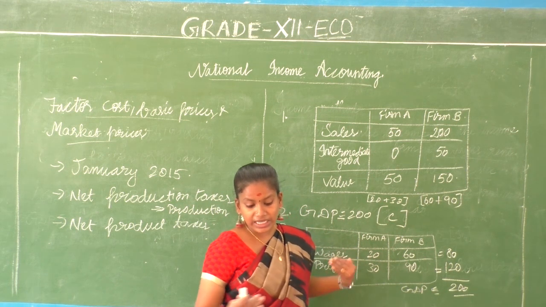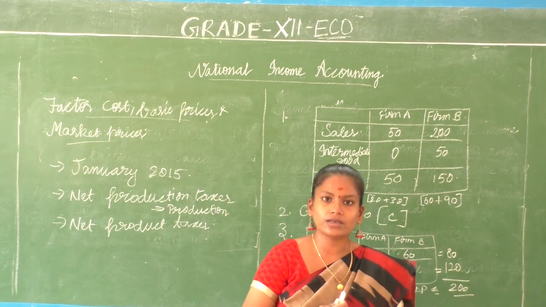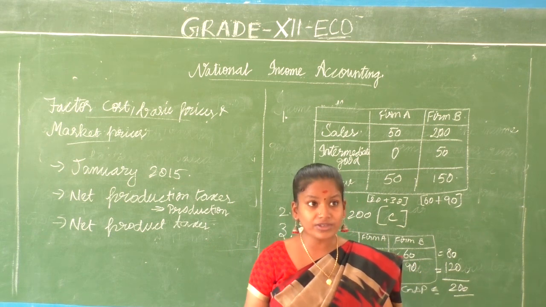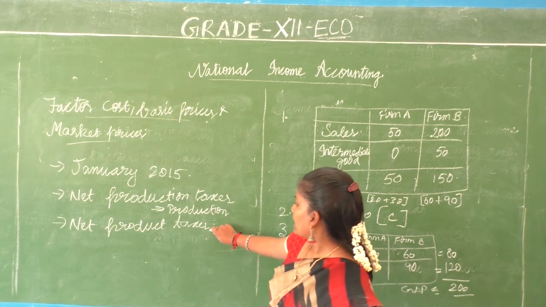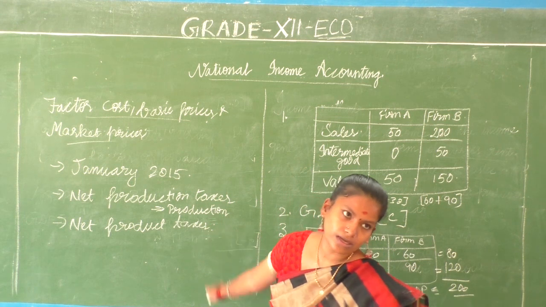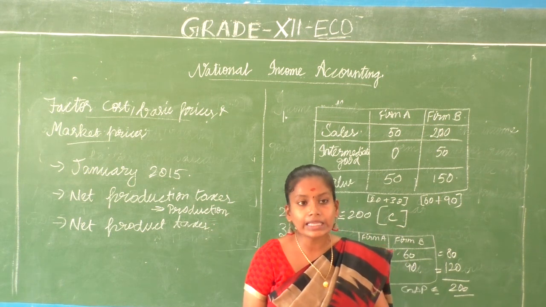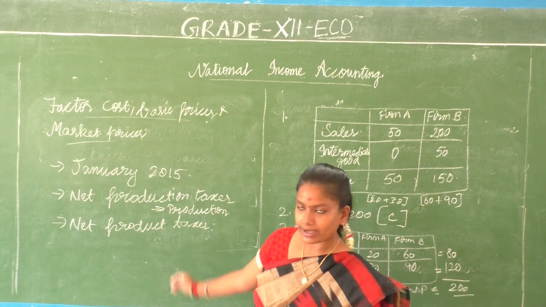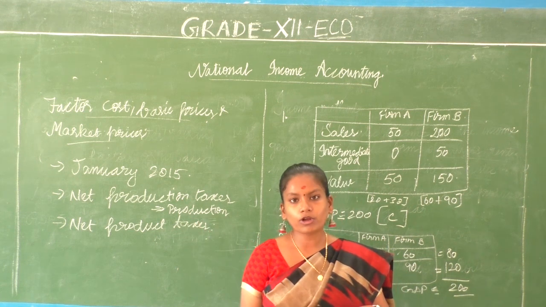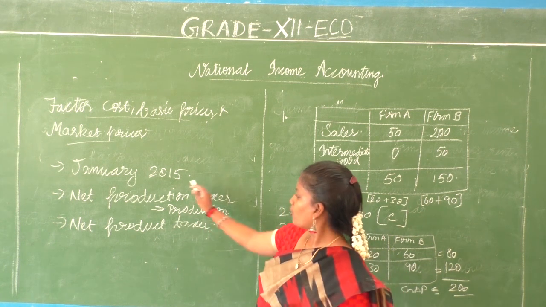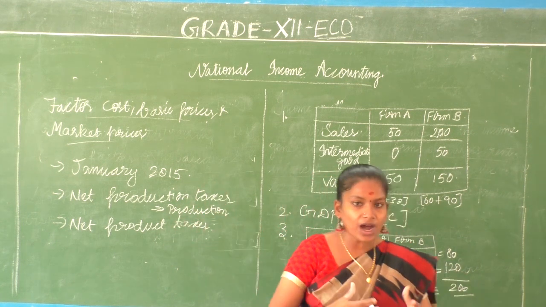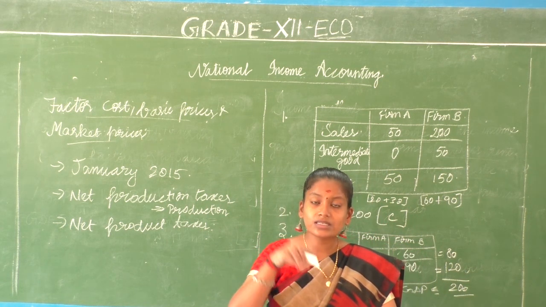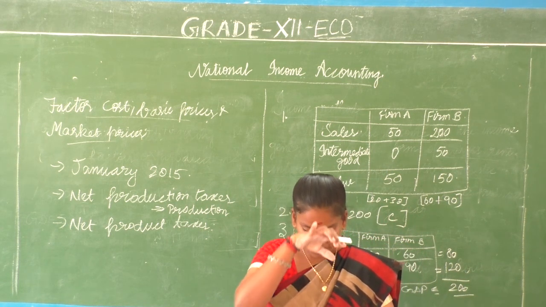So that should be excluded from GDP. What should be excluded? We should exclude the net product taxes, that is the excise duties of any kind that is levied on the final goods. But do we have to take the production taxes? Yes, we have to talk about the net production taxes because it comes under production. Okay, it is in the process of production itself.